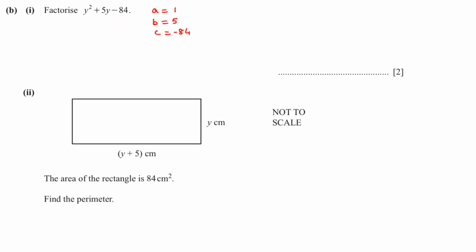So in this case, our A is 1, B is 5, and C is equal to negative 84. First, we will find the factors of A multiplied by C. A multiplied by C is negative 84. When we find the factors of A multiplied by C, the answer when you add it should equal to B, which is B is equal to 5.